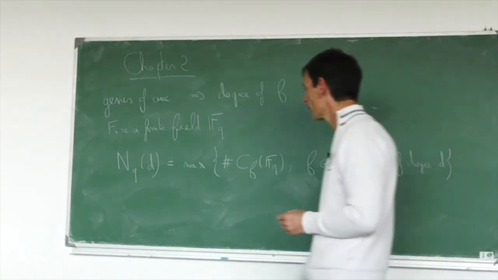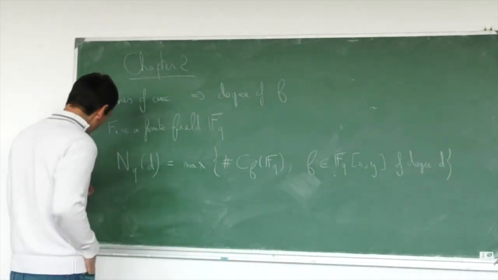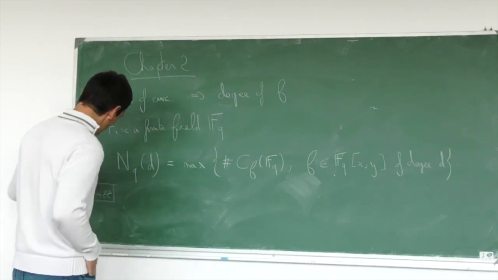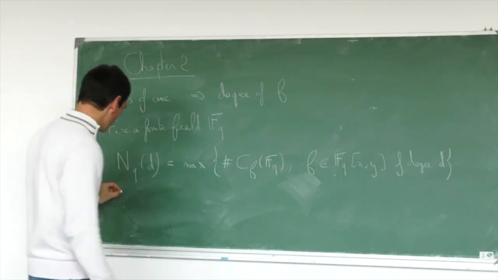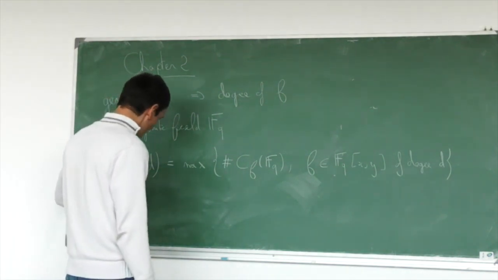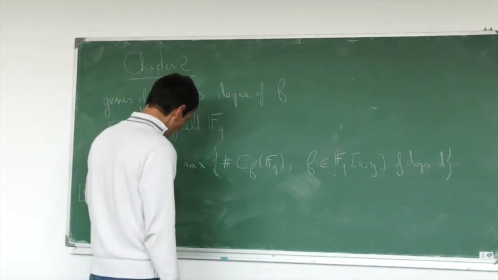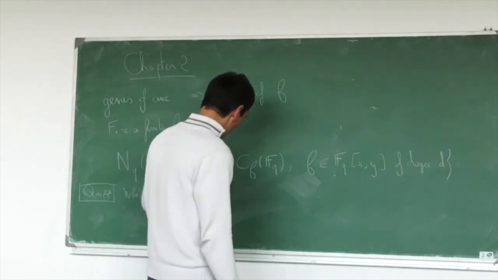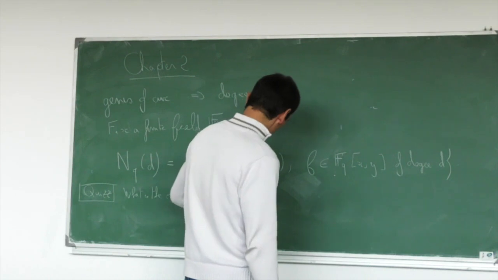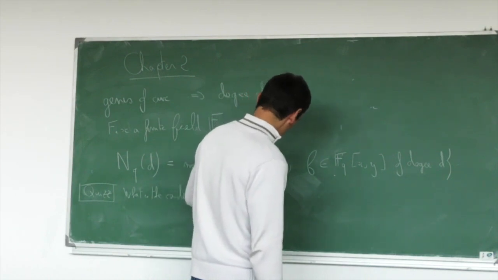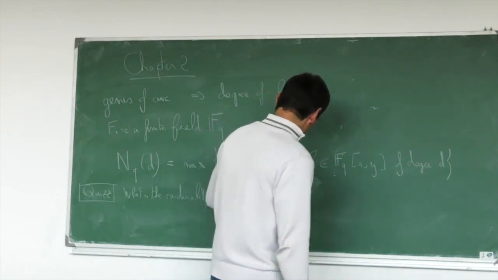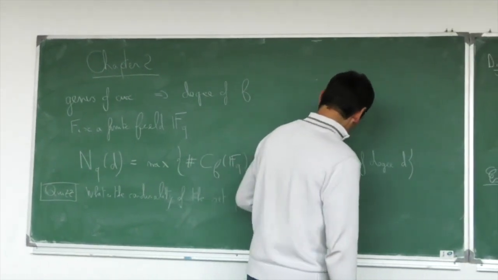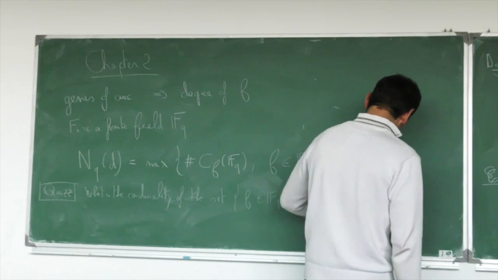And maybe this is going to be a good quiz. So what is the cardinality of the set of polynomials in two variables over F_q of degree d?